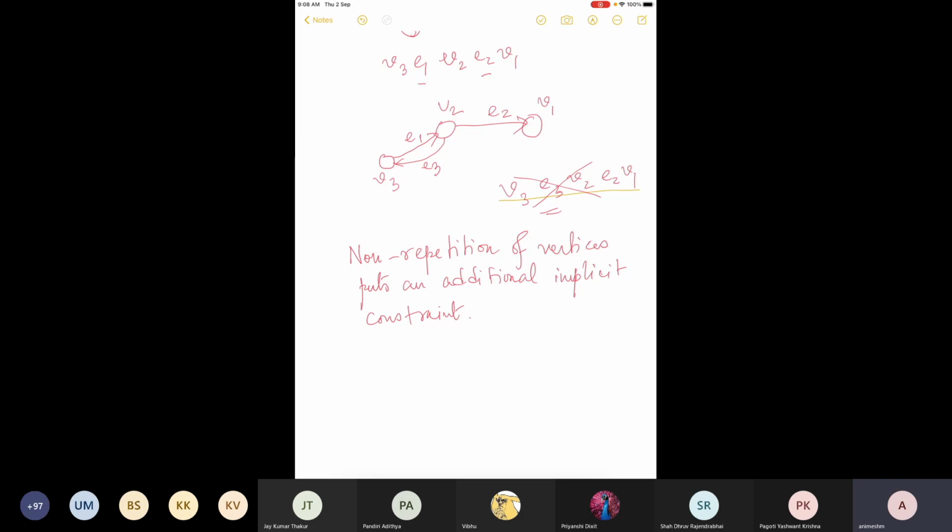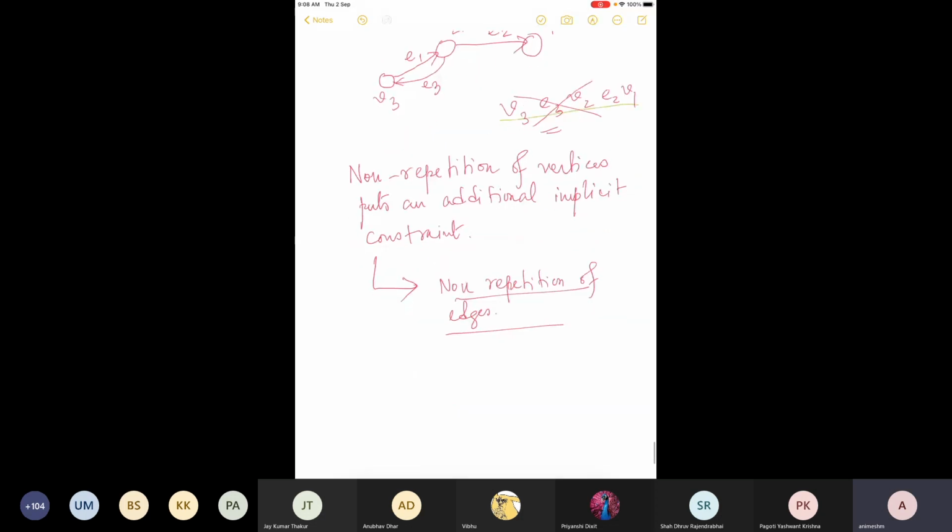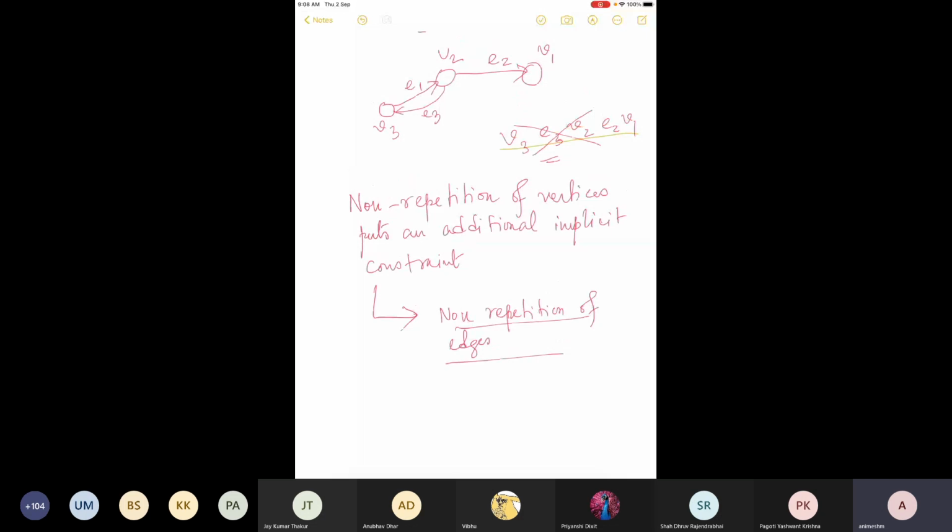This automatically puts an implicit constraint: non-repetition of edges as well. Excellent. So if you cannot repeat vertices, this automatically corresponds, as a corollary, to non-repetition of edges. You can verify it. Take any example and see, you will not be able to repeat an edge without repeating a vertex. This is not possible, and you can just show it through inductive arguments.